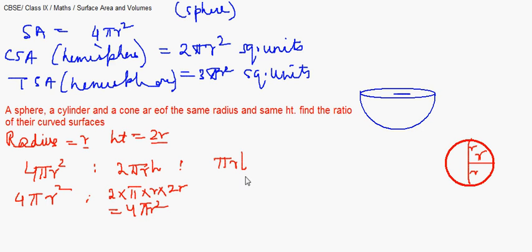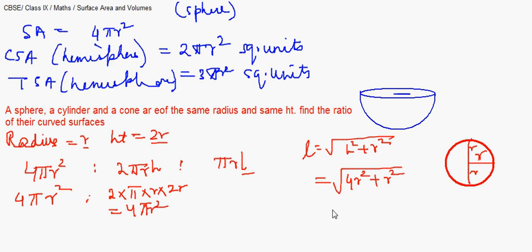And the last one here, we calculate l. I'll do it separately because l is given by root of h square plus r square. h square is 2r square, that is 4r square, and r square will remain as it is. That makes it 5r square. To find the root over, it will be root 5 r. So I'll substitute here pi r and root 5 r.